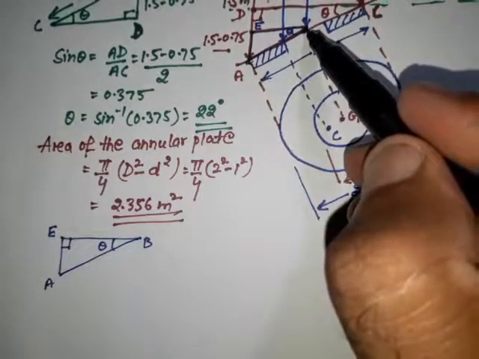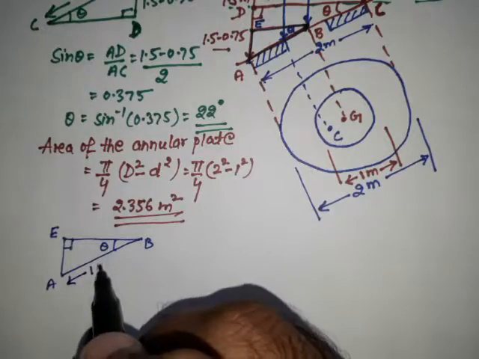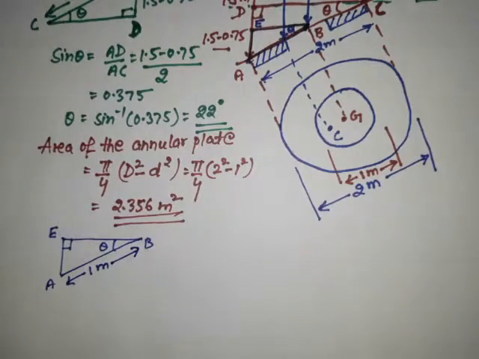A to B is 1 meter, this is half of 2 meter length.